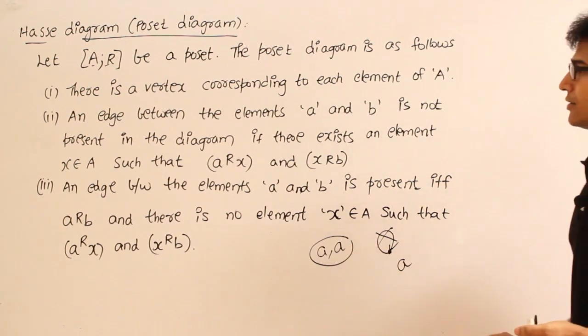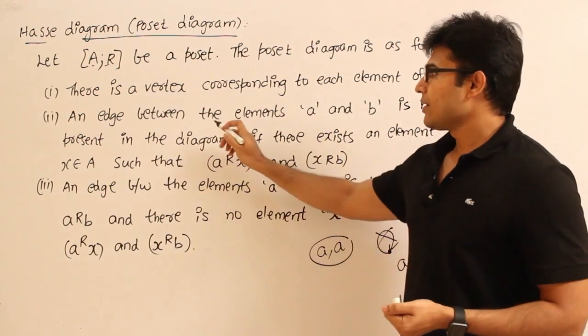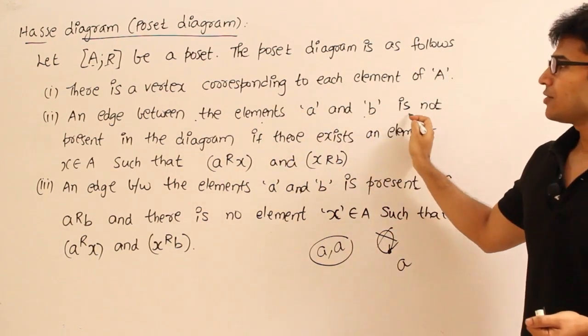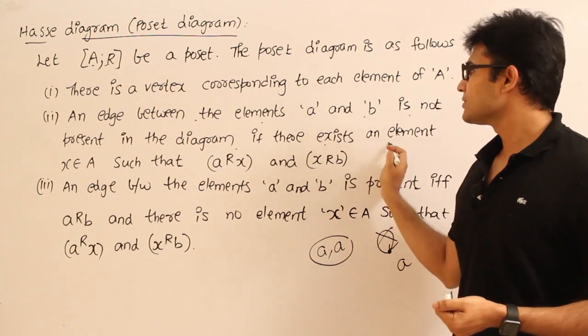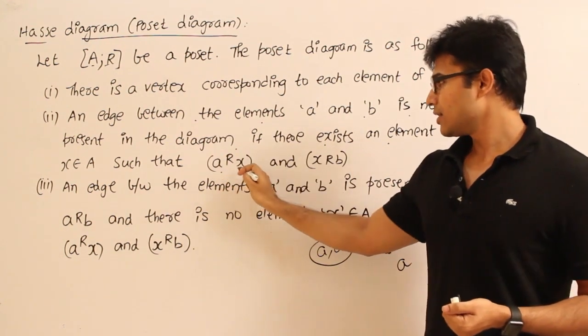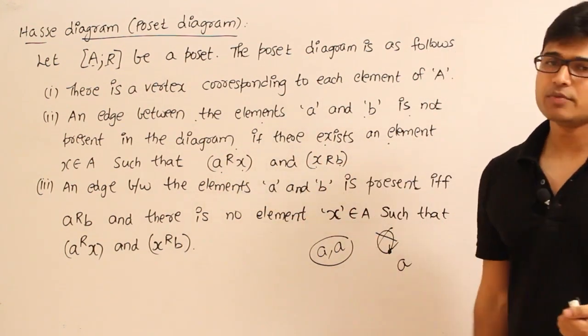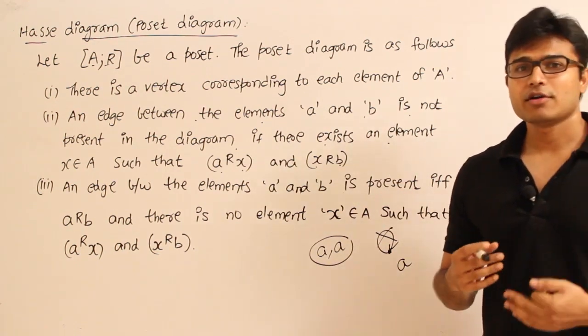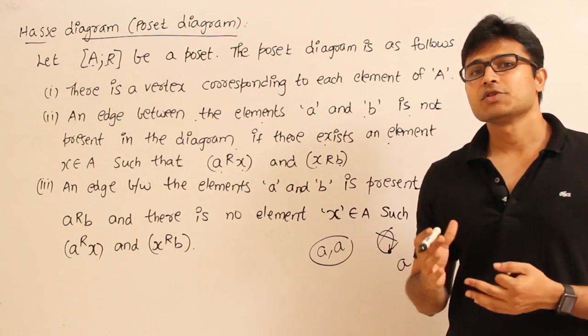Got it? The second statement is, an edge between the elements A and B is not present in the diagram if there exists an element X such that A is related to X and X is related to B. To put it simply, we will not represent any transitive relation.